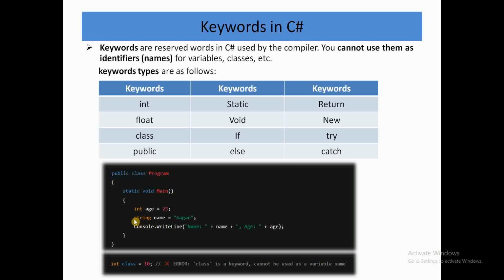We cannot use them as variables instead of age or name. This is the main rule. We are displaying name and age with this example. If we use a keyword as a variable, it will give us an error that class is a keyword or reserved word. We cannot use that.